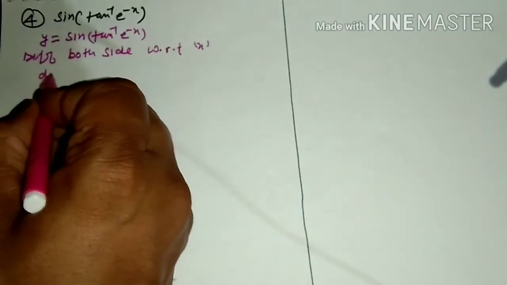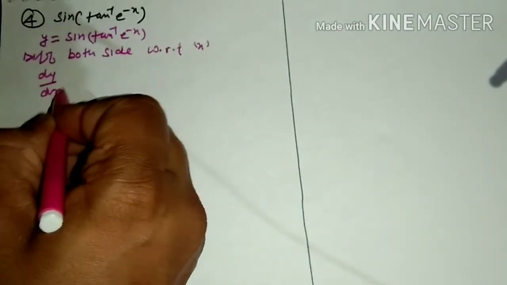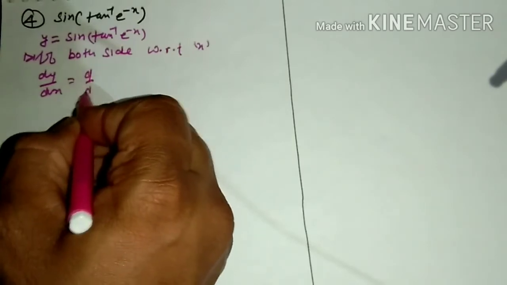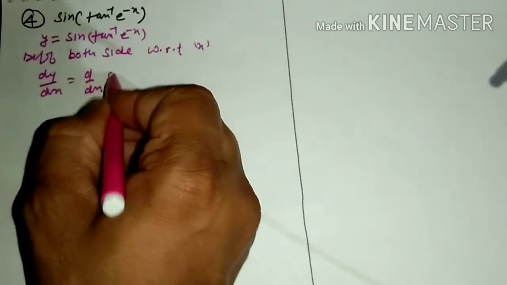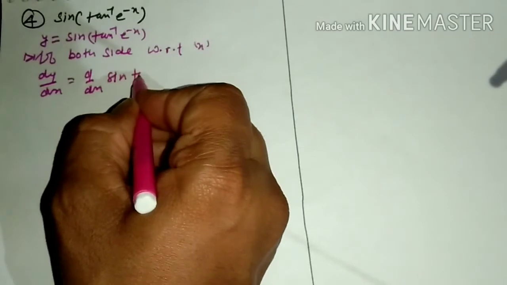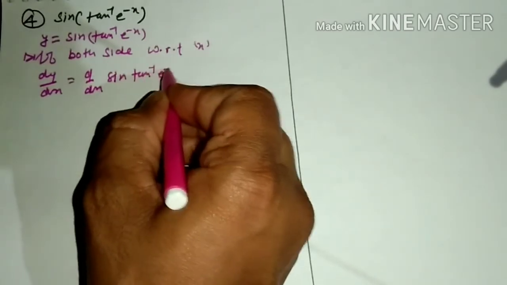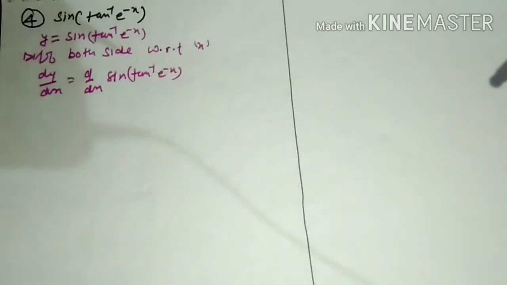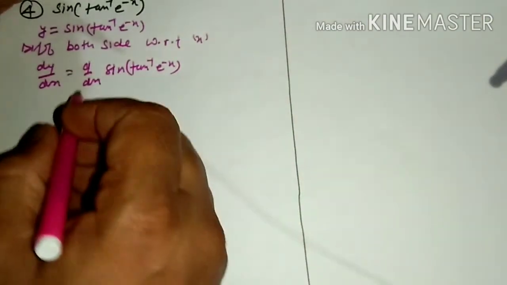So dy upon dx is d upon dx of sin tan inverse e to the power minus x.